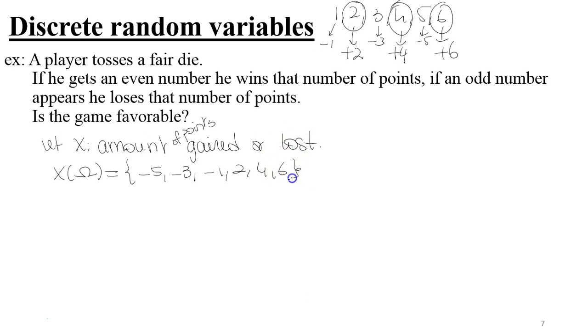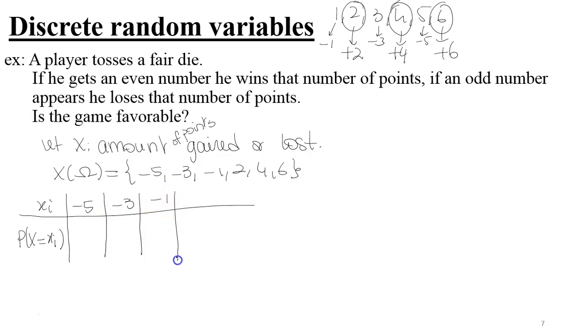Okay? So let's just set up the probability distribution. Over here we have xi, and we have the probability of x equals xi. So these are the values of my random variable: -5, -3, -1, +2, +4, and +6.